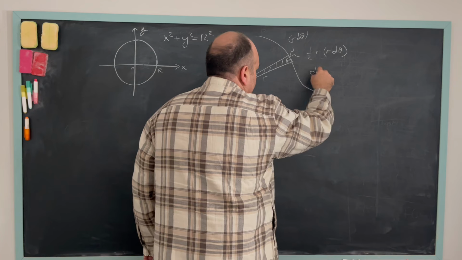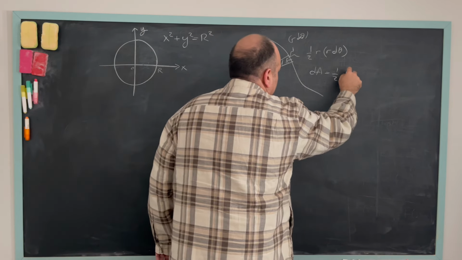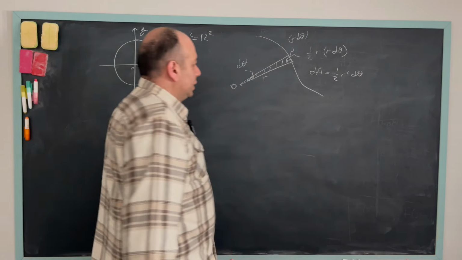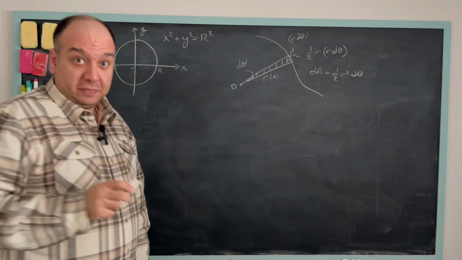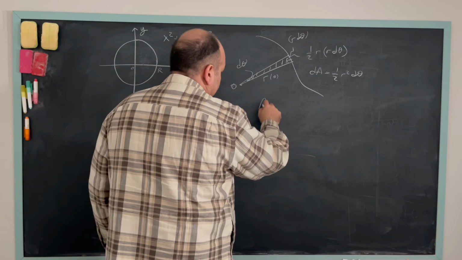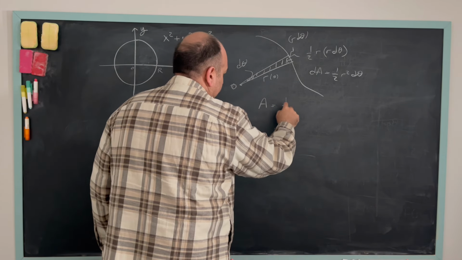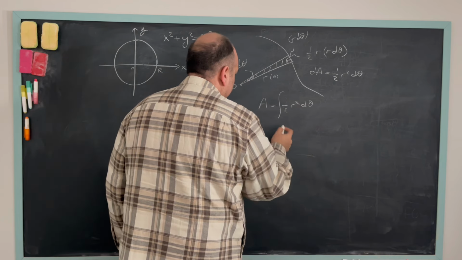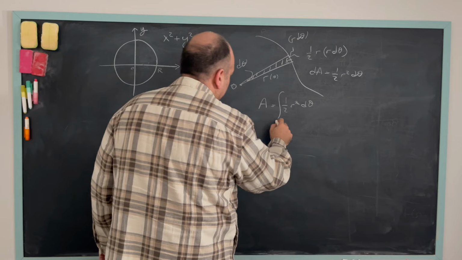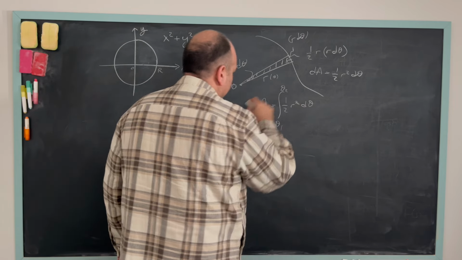So the differential area is nothing but 1/2 r squared d theta. So if I know how r changes with theta, the area is simply equal to the integral of 1/2 r squared d theta. So the limits may be from theta 1 to theta 2. Okay?